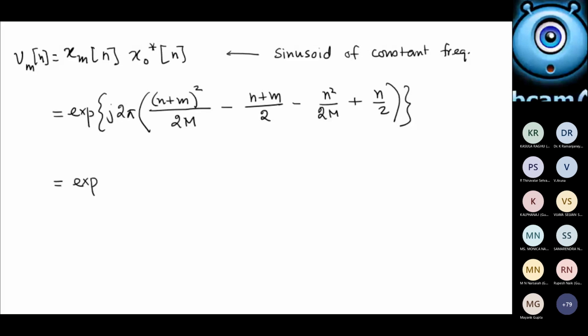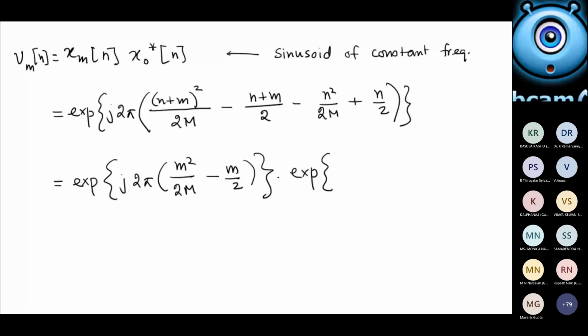And this further simplifies to exponential j 2 pi (m squared by 2M minus m by 2) multiplied by another exponential. So we have essentially separated out two exponential signals.